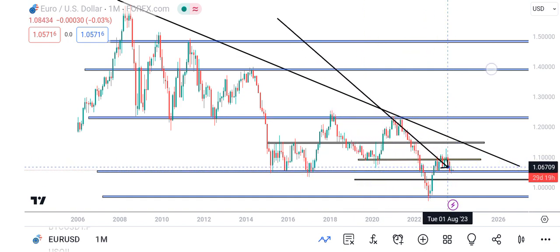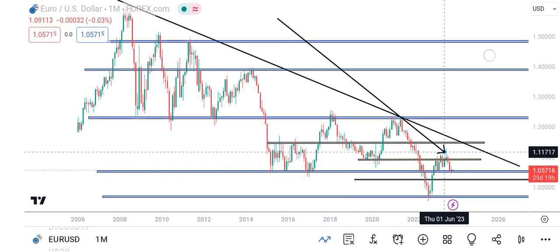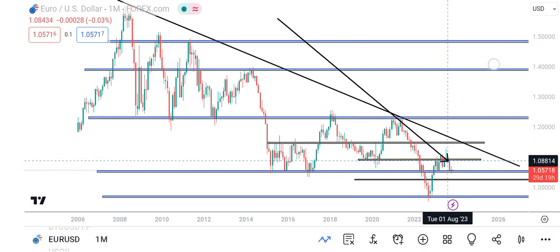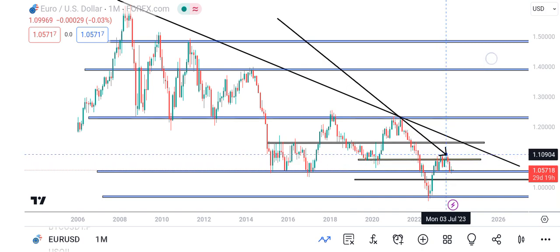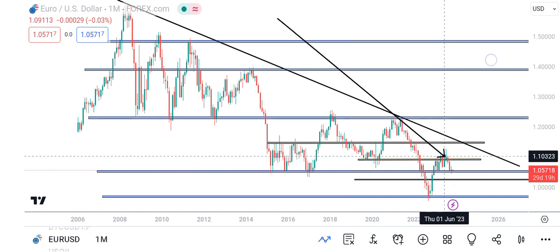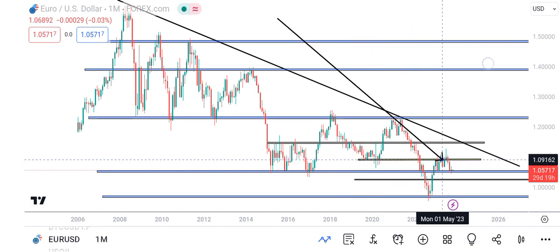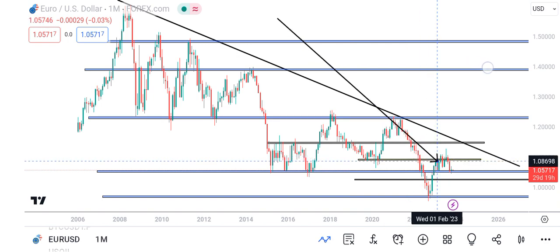After reaching the neckline region, we saw a pin bar, this green candlestick here, followed by a bearish candlestick at this region, which was an area of value, signifying that this market is about to reverse back to the downside from here.